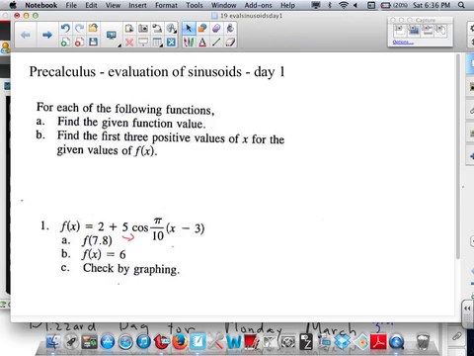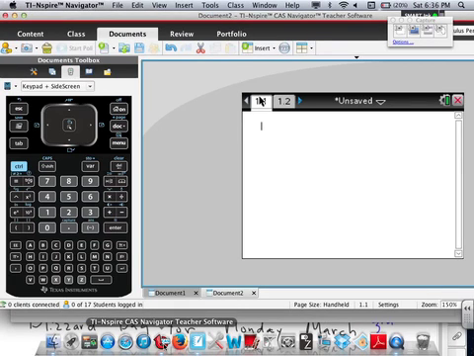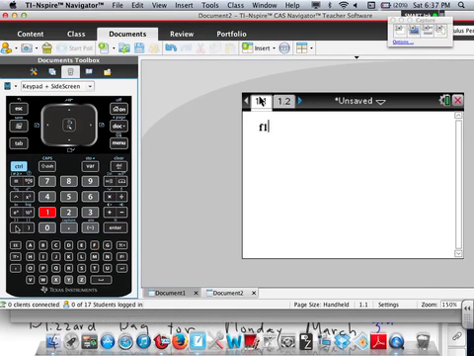Well, to do that, all they want us to do is put 7.8 in for x and actually get the value. Now, if I go to my calculator, I already have this typed in F1, because you'll want to graph these for the other part of the problem. So maybe getting its graph should be the first thing you do, and then you can just go f of 7.8 and go ahead and figure out that answer, and that's what we have.